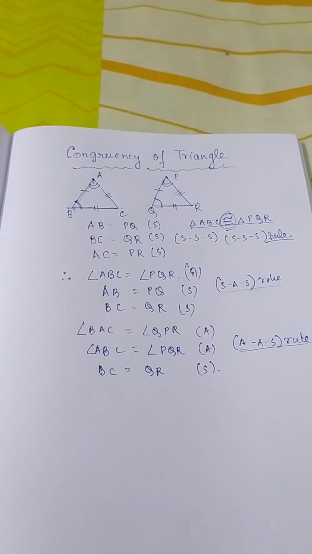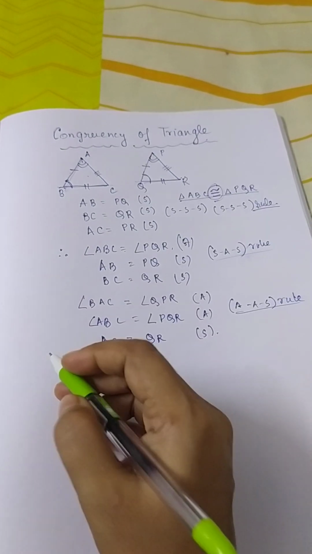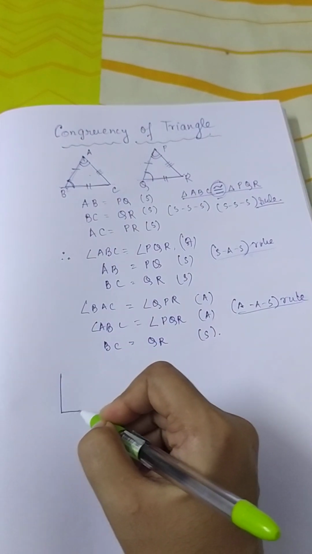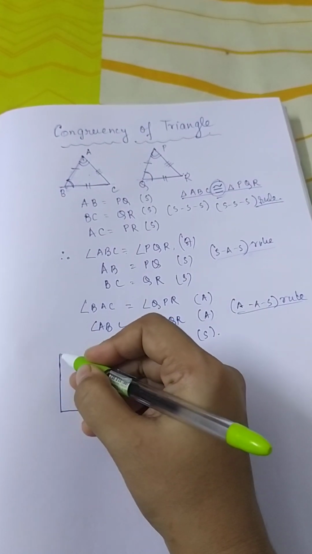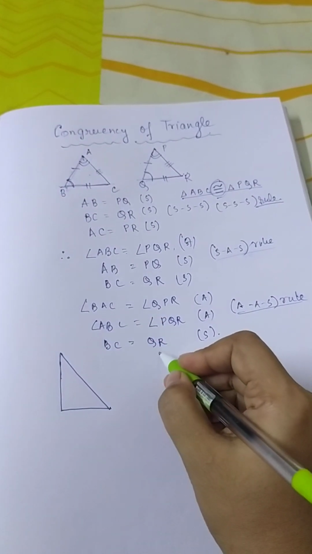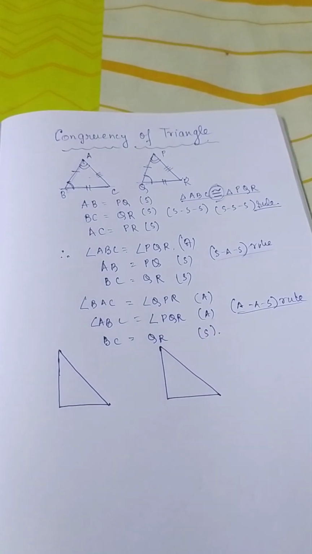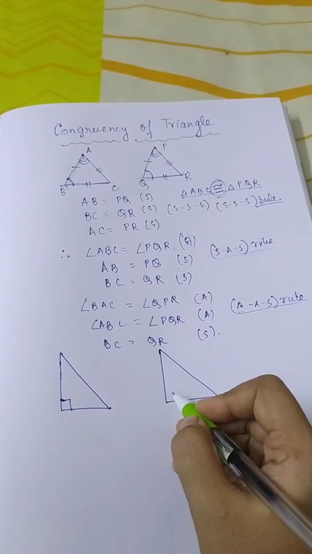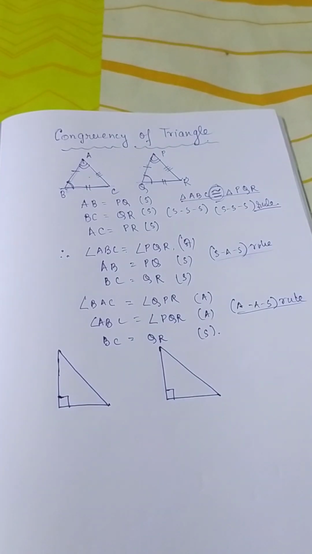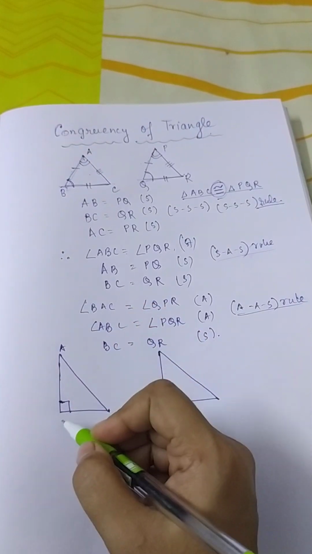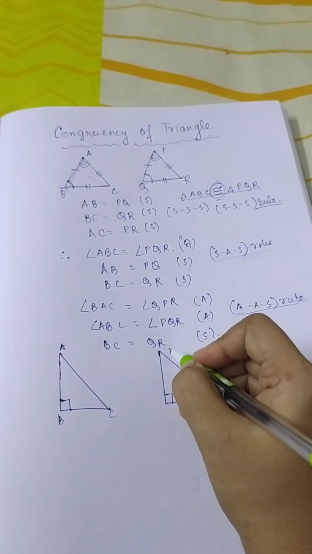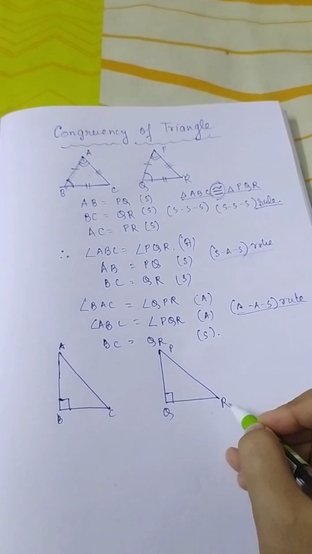Now, it may happen that triangles may be right-angled. It is very often in geometry that triangles are right angle triangles. In a right angle triangle, you all know that one angle is 90 degrees. Suppose it is ABC and another is PQR.